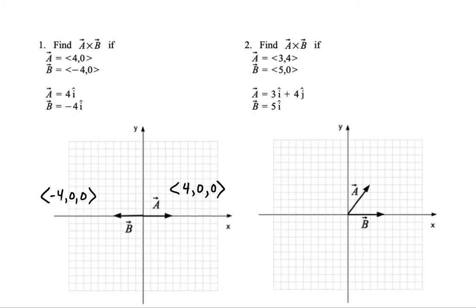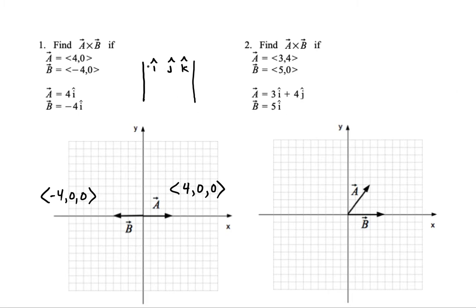Now, the way it works is you have to set up a matrix here where you have your i on the left, the j in the middle, and k hat on the right.